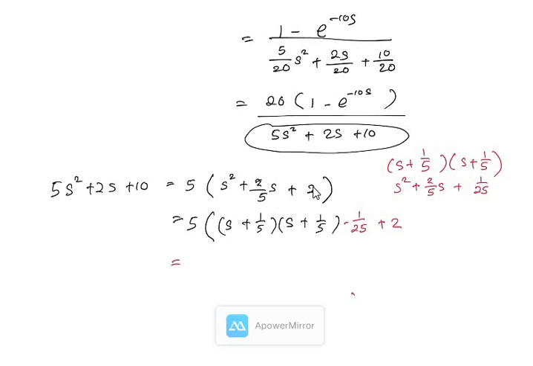Therefore, I can have (s plus 1 over 5) squared. And then we settle this one, 1 over 25 plus 50 over 25, because it's 2, right? So we get plus 49 over 25.